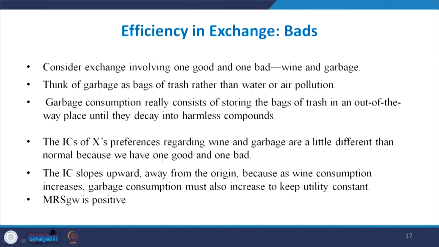In this case, the indifference curve will have a positive slope, or be upward sloping, because to keep the utility constant, if you are consuming one more unit of the good product, you have to consume more of the bad product. So, if more wine is consumed, more garbage will be consumed in order to keep the utility constant. But here, consumption of garbage does not mean the consumer is directly consuming the garbage. It means the consumer is taking the garbage and safely disposing of it.